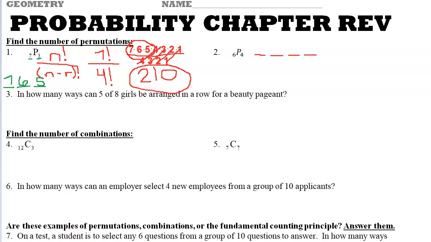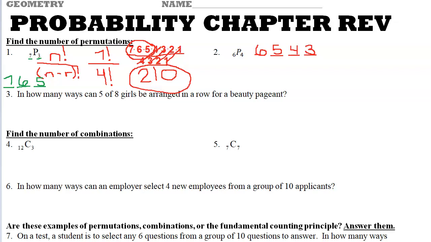All right, number 2, I'm going to skip the formula for this one, and I'm only going to use the blanks. I'm going to say, well, there are 4 items that we're going to choose. We're going to arrange them in order, and we have 6 to choose from. So we have 6 choices for the first, 5 for the second, 4 for the third, and 3 for the fourth.